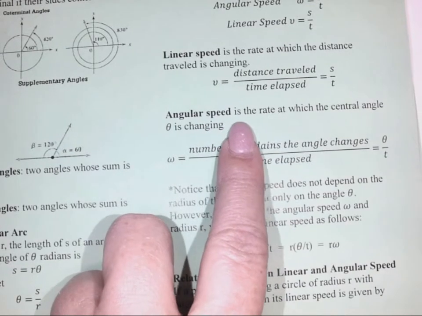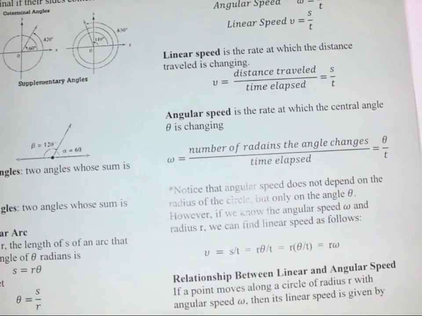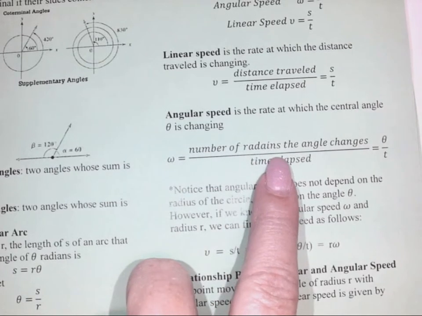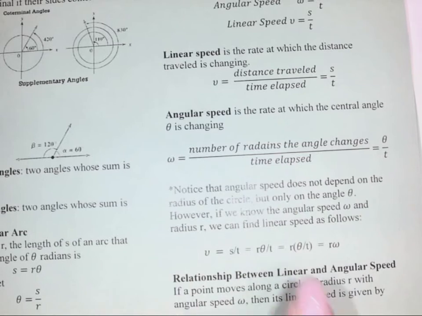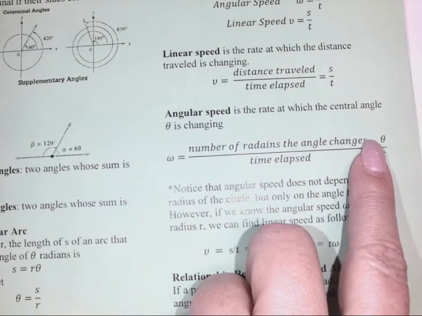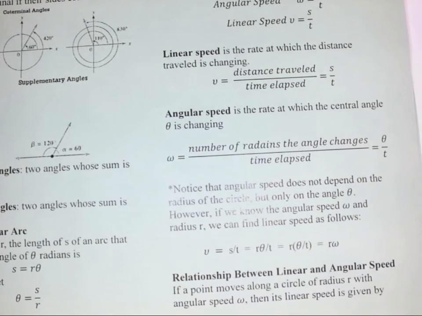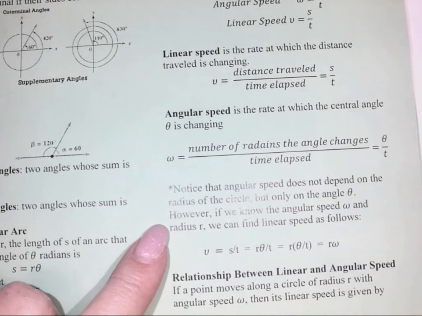The angular speed is the rate at which the central angle theta is changing. So here we have the number of radians the angle changes divided by the time elapsed. That's your theta divided by t. Notice that the angular speed doesn't depend on the radius of the circle, but only on the angle.